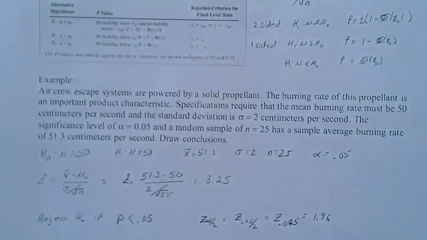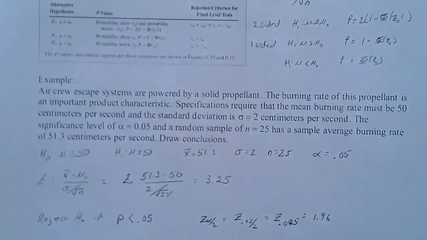In this case, that's equal to 2 times 1 minus 0.9994. And so that's equal to 2 times 0.0006, and that is equal to 0.0012.